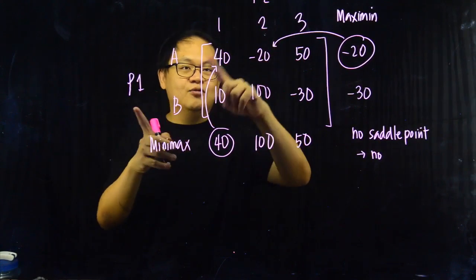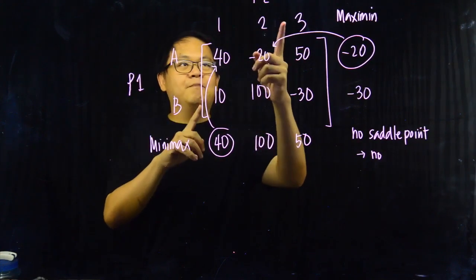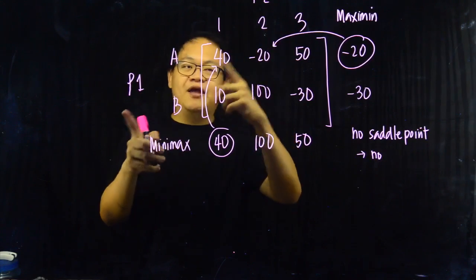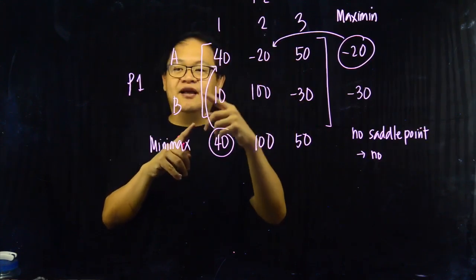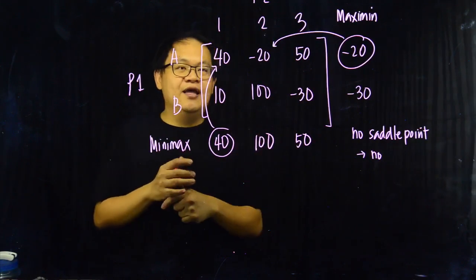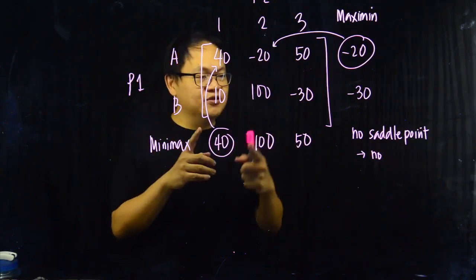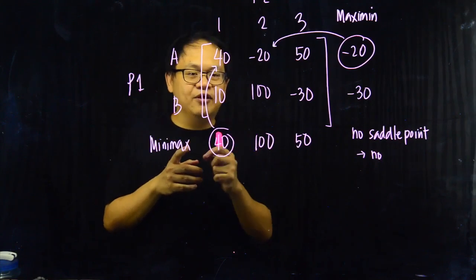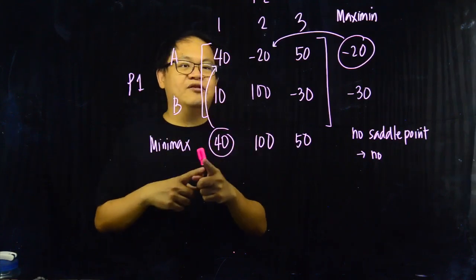And it will go on back and forth, allowing player 1 and player 2 to change the strategy depending on how the other changed. The cycle will continue until we reach a point wherein both players agree.